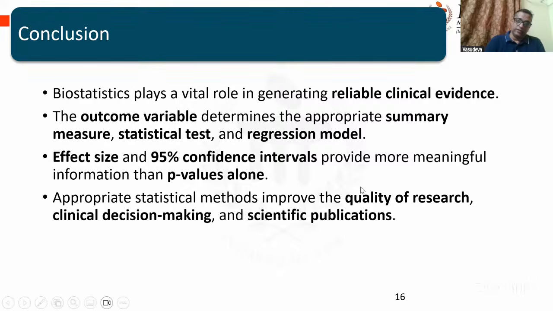Choosing appropriate statistical methods will improve the quality of research, clinical decision making, and scientific publication. With a well-planned study and a very novel problem, publication will be very easy. If the objectives are poorly planned and the sample size and analysis are not correct, then the publication quality will not be good.